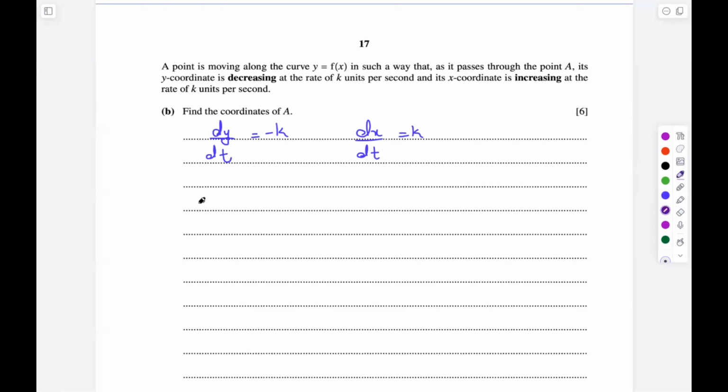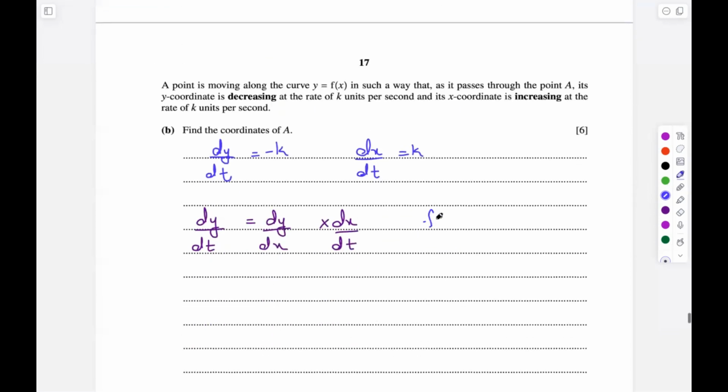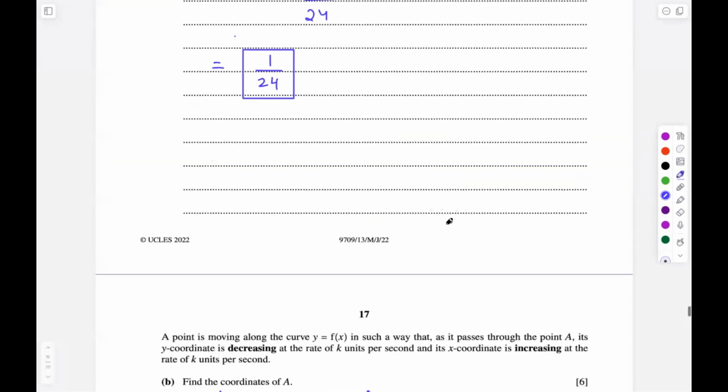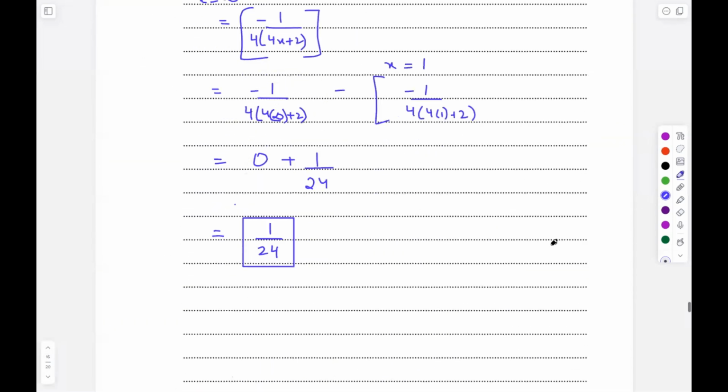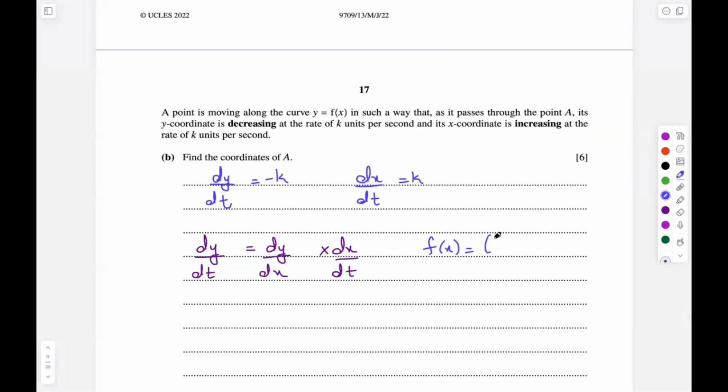Now the equation relating dy/dt and dx/dt is dy/dt equals dy/dx multiplied by dx/dt. So we'll have to find the value of dy/dx first. The function f of x was equal to (4x plus 2) to the power minus 2.